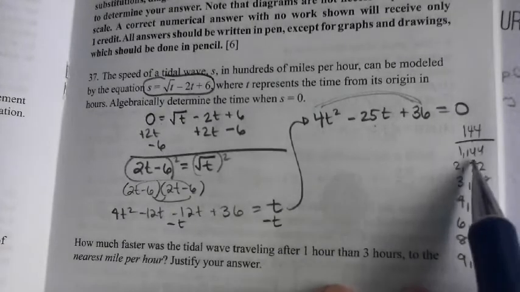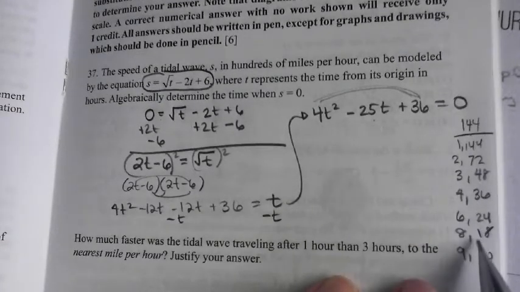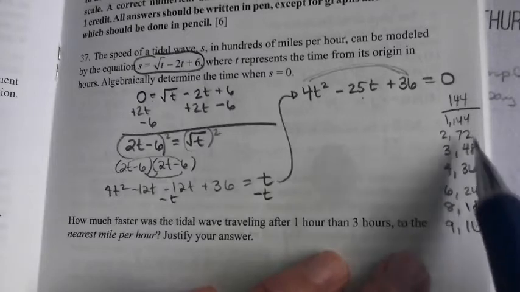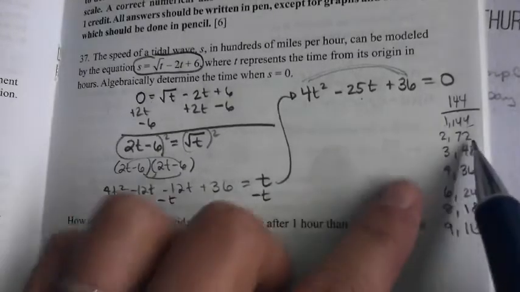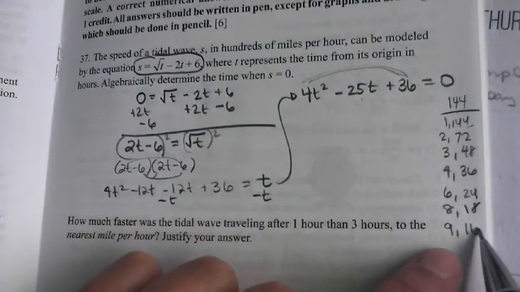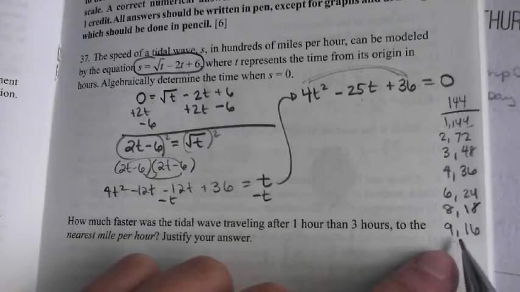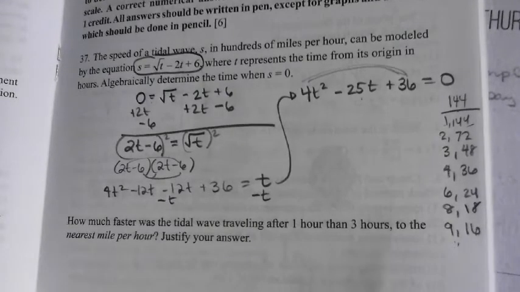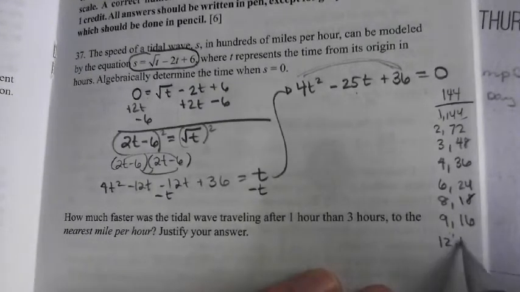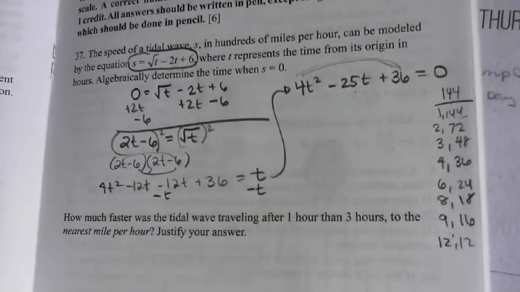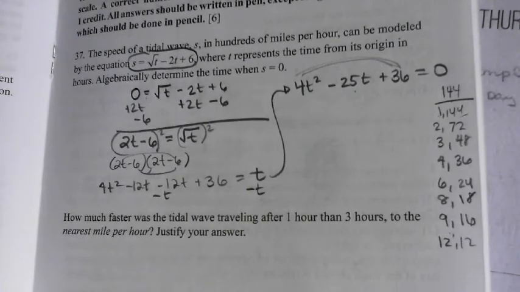See how my gap is closing? There's a lot of factors of 144. Like 1 and 144 are very far apart, and then it starts pinching in. I'm at 9 and 16. 10 doesn't go in. 11 doesn't go in, does it? 12 and 12. And then that gap is entirely closed. So I know I've hit all the factors. What's my 25 combo? 9 and 16.